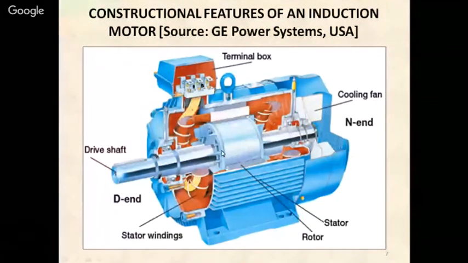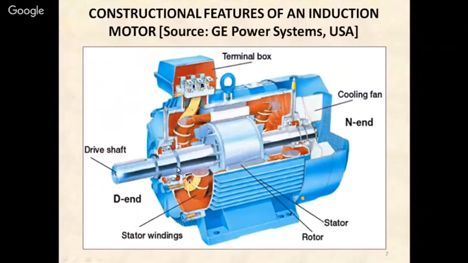All these parts are there in an induction motor. So any of these parts may fail over time, which may cause the failure of a motor. So we have to diagnose the failure at an early stage so that a complete shutdown of the plant is avoided.